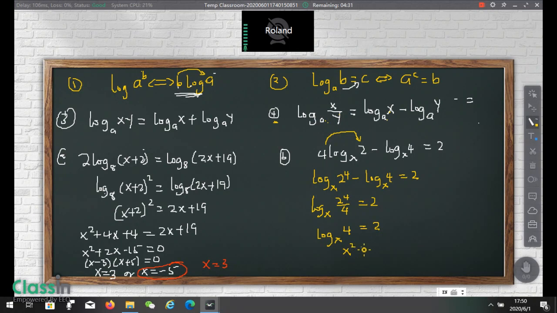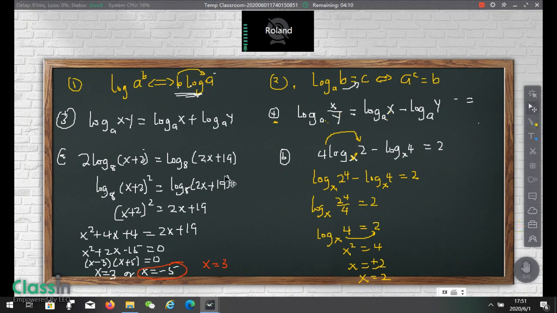So x squared equals 4. When we apply law 2, x will carry 2, so x is plus or minus 2. But remember, x cannot be negative 2, because the base of the log must always be positive. So x equal to 2 is the only answer.